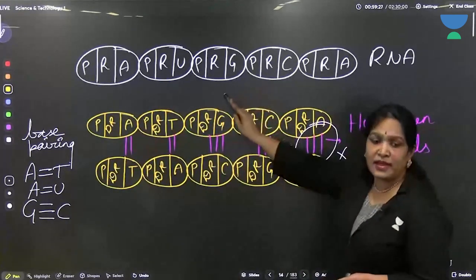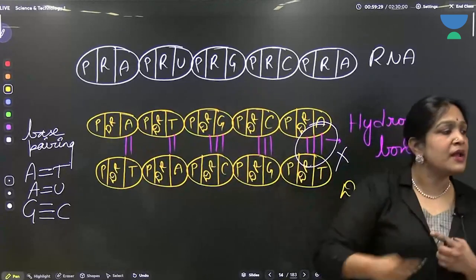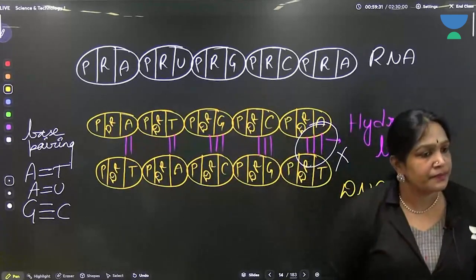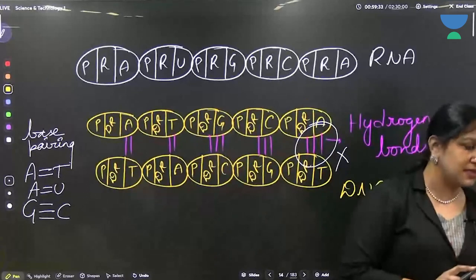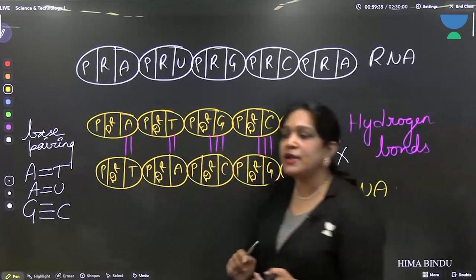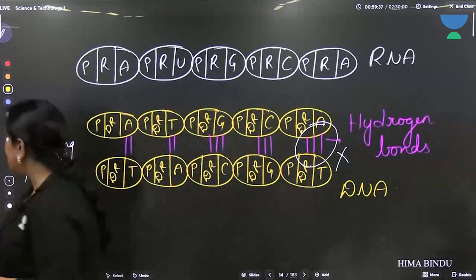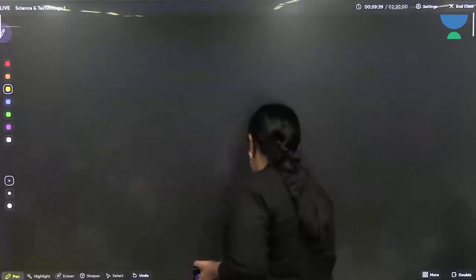RNA is also a polymer. The enzyme that makes the RNA polymer is RNA polymerase. Like that, if you understand, you can easily remember. DNA polymerase will catalyze replication.